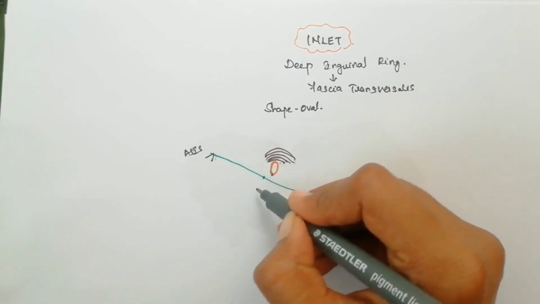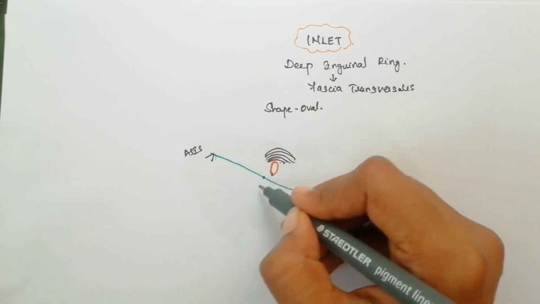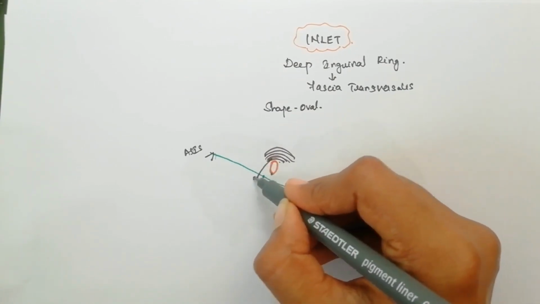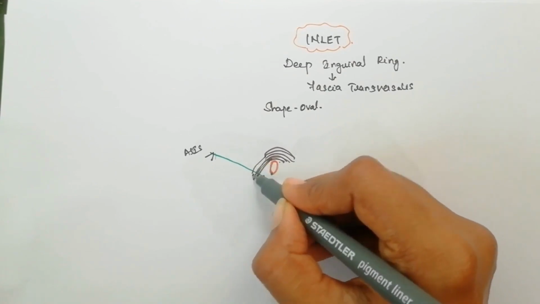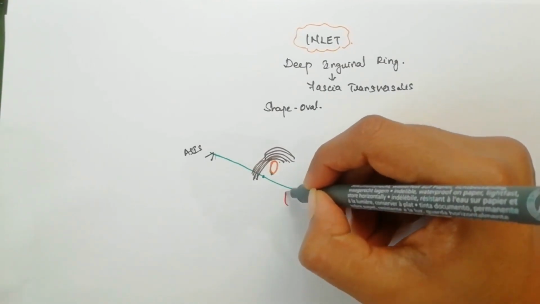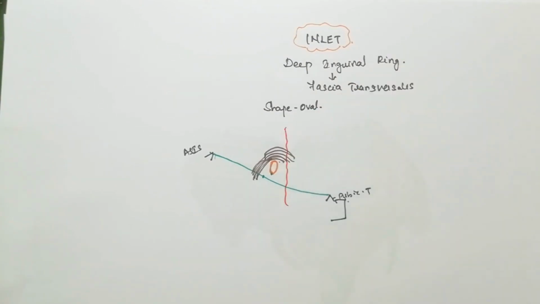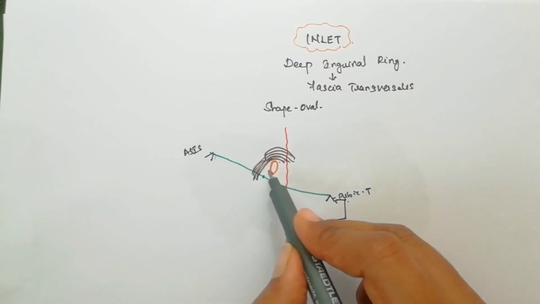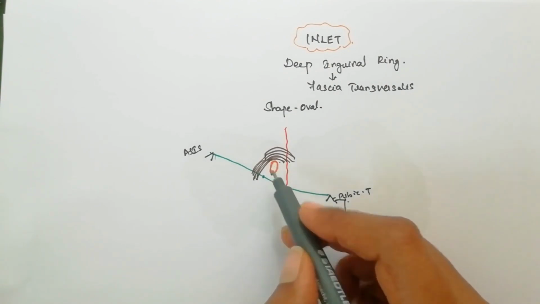In the medial aspect we have an artery placed, and that artery is the inferior epigastric artery. So these are the three boundaries seen in the deep inguinal ring.